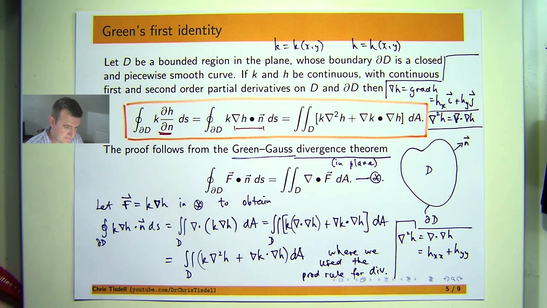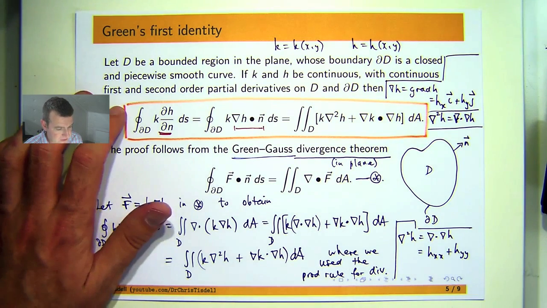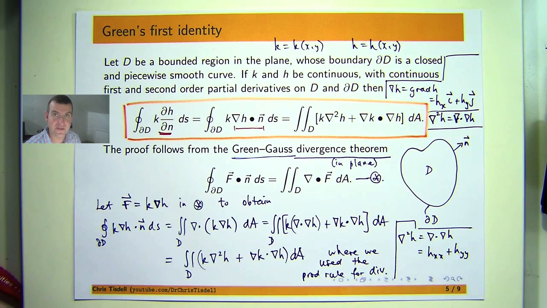Okay, so just to summarise, Green's first identity is one of at least three famous identities due to the mathematician and physicist George Green. We're interested in this particular identity because of its applicability to Laplace and Poisson type PDEs together with some boundary conditions.